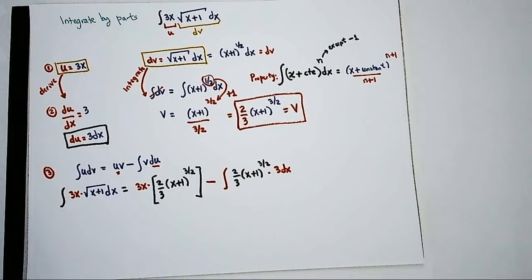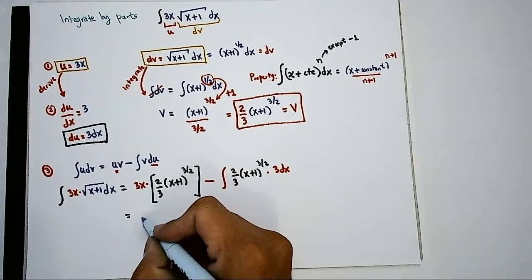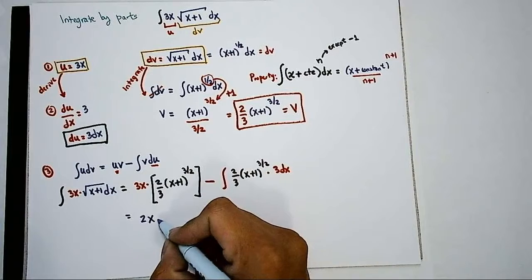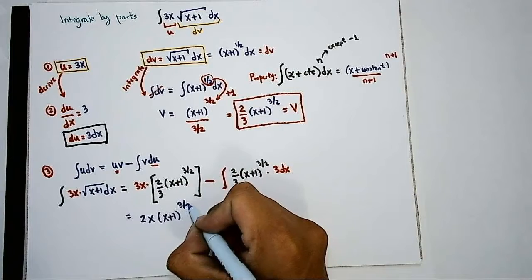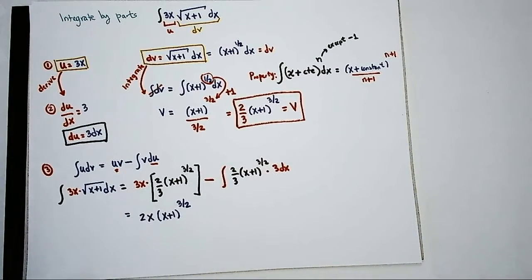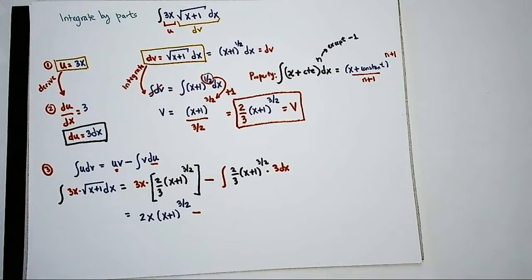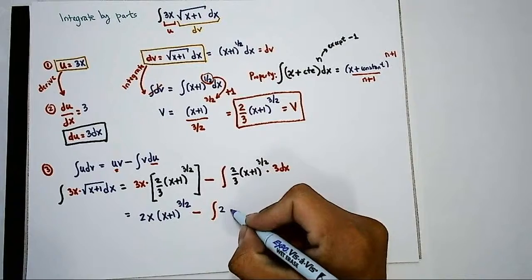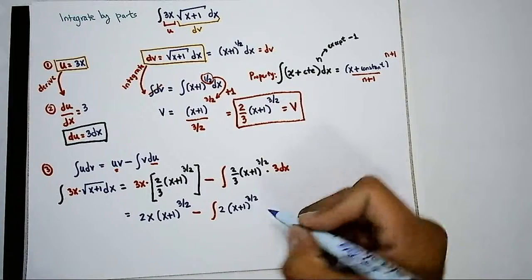Here we can simplify some terms. 3 divided by 3 is 1, so we have 2 times x plus 1 to the 3/2, minus, here we have 3 divided by 3 is 1, times 2, times x plus 1 to the 3 halves dx.